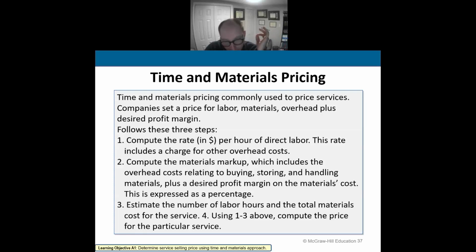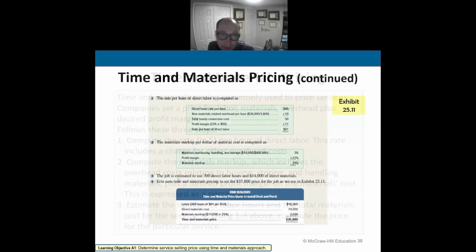Compute the materials markup, overhead costs related to buying, storing, handling materials, etc. That's expressed as a percentage. And then we would estimate the number of labor hours and the total labor material cost for the service. And then you'd repeat those steps for each type of product that we sell. It's time and material pricing.